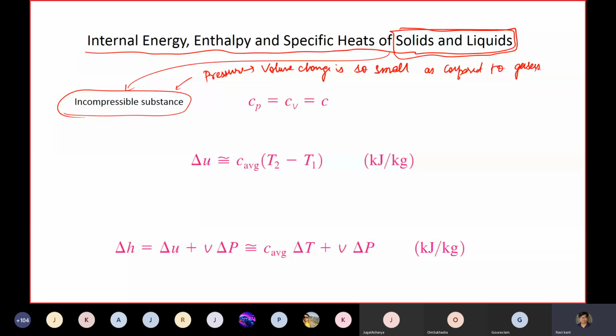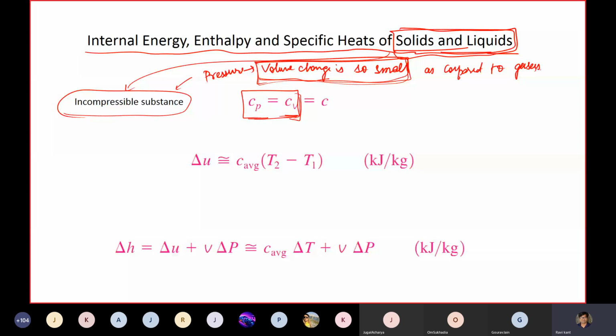So solids and liquids are often associated with negligible volume changes. What does it mean? If the volume change is not there, then Cp and Cv would have no different meanings.